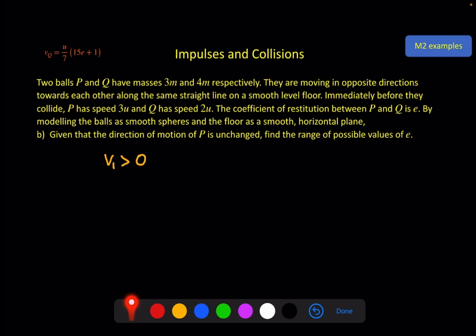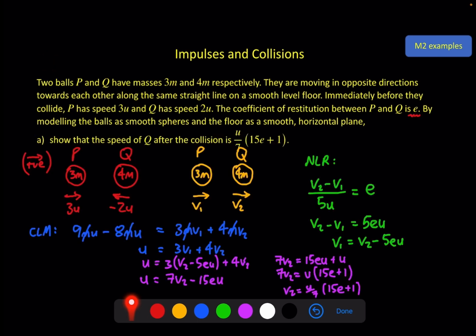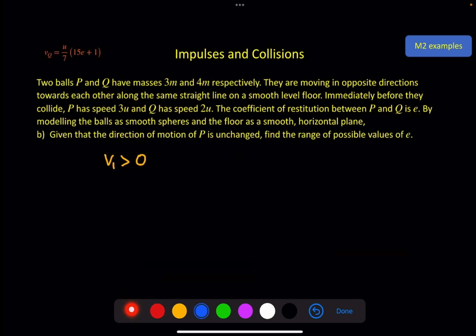I'm going to have to go back to the screen again because we've got vQ, which is v2. But we did have this expression here, v1 is equal to v2 minus 5eu. We know v2 up in the corner, u over 7, 15e plus 1, minus 5eu.